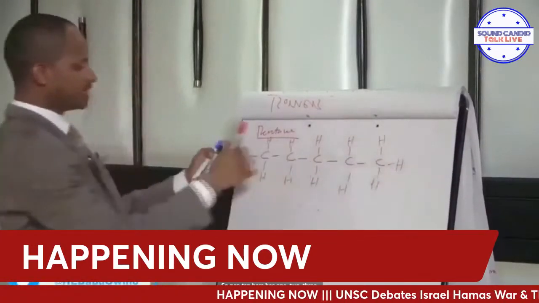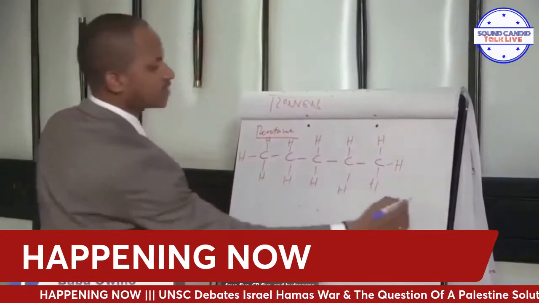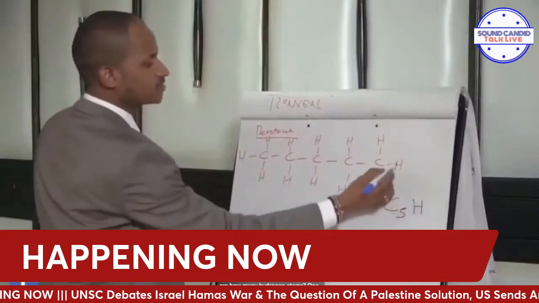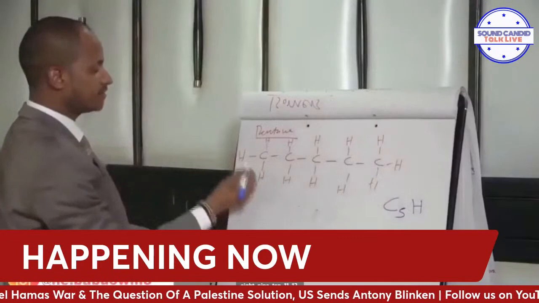So pentane here has 1, 2, 3, 4, 5. C are 5 and hydrogens are how many? Hydrogen atoms 1, 2, 3, 4, 5, 6, 7, 8, 9, 10, 11, 12.